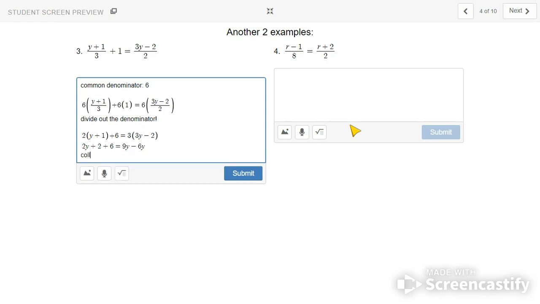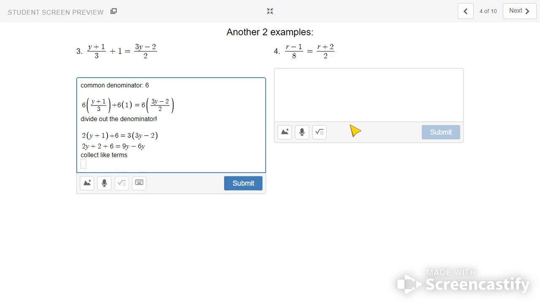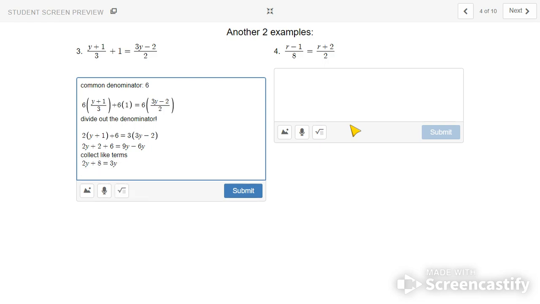Let's collect the like terms on each side. 2y plus 8 is equal to 3y. I'm going to rearrange so that we have all the y's on the left-hand side and all the numbers on the other. 2y minus 3y is equal to negative 8.